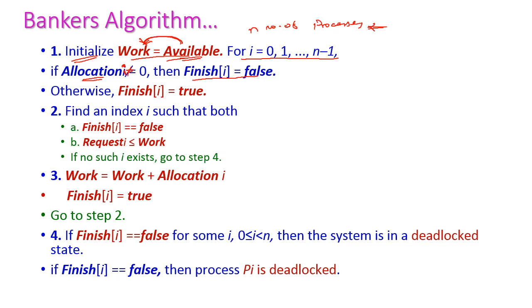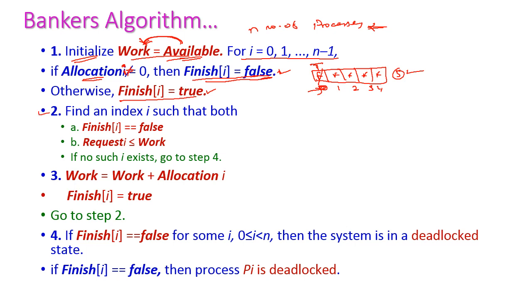If we have not yet allocated any resource, the process will not finish its execution, so finish is automatically false. So initially the finish of all processes is false. This is 0, 1, 2, 3, 4, so there are 5 processes in total. Otherwise finish equals true, that is, if we allocate the required resources for this particular process, it will complete its execution and finish will be changed to true.